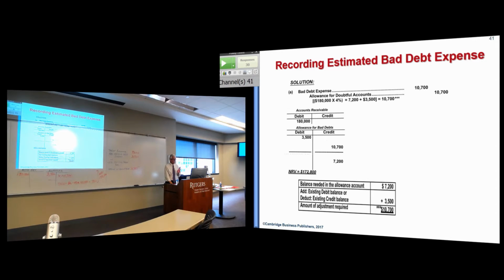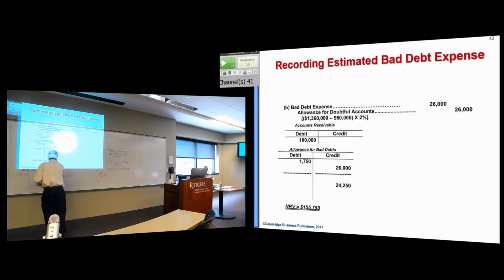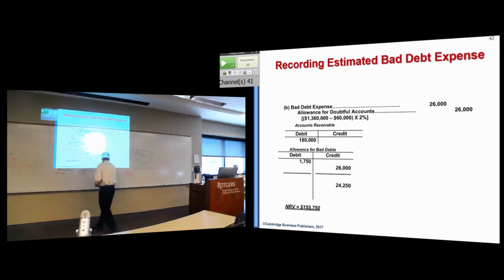Take the same set of data and we're going to move to the net credit sales approach. On this approach, we don't look at the target balance at all. The adjustment is driven by a flat percentage of net credit sales.